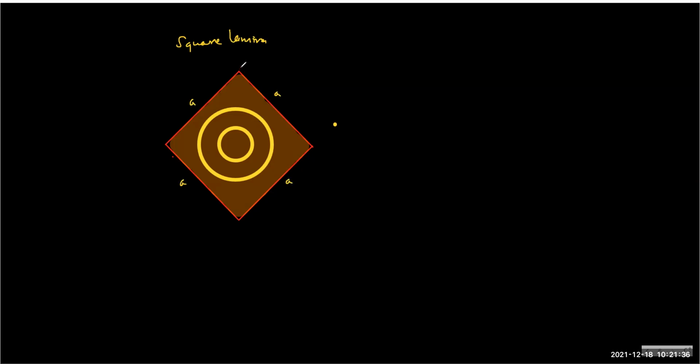Let's put something for decoration. This looks like some expensive earring. Okay, so this is a square lamina. All these are designs, you can ignore the designs. Now you have to find the moment of inertia about an axis which is perpendicular to the plane and passing through one of the corners like this. So what is the moment of inertia? You see, easy. You could do this.